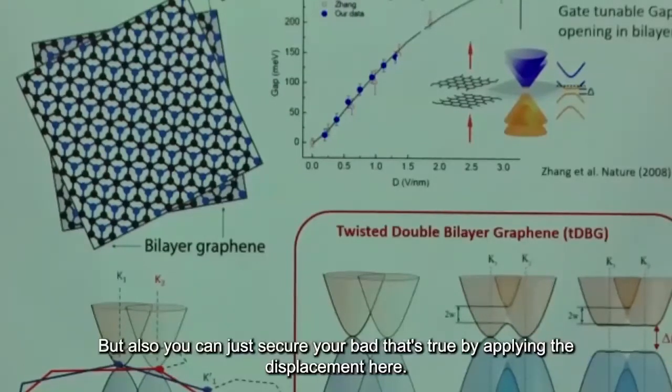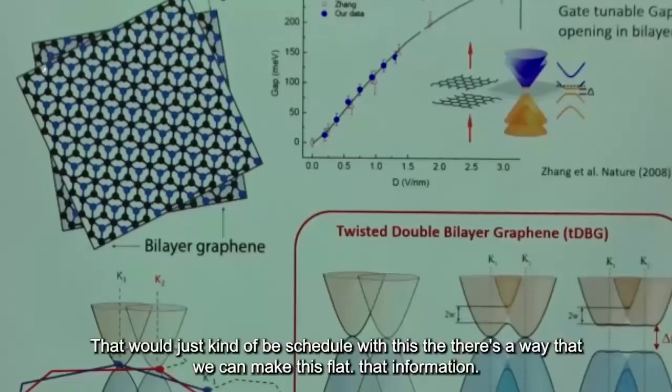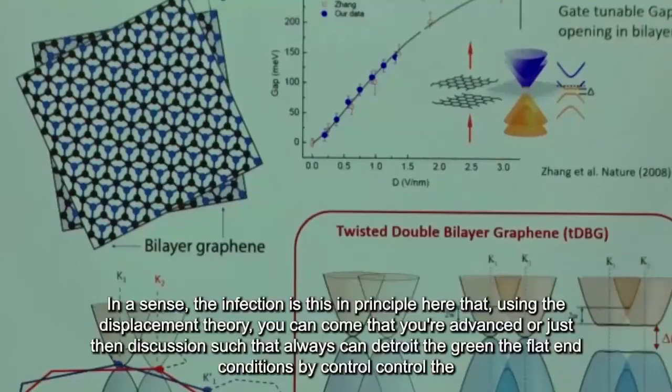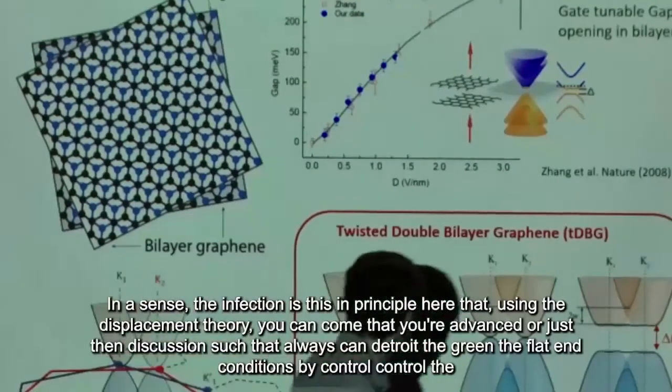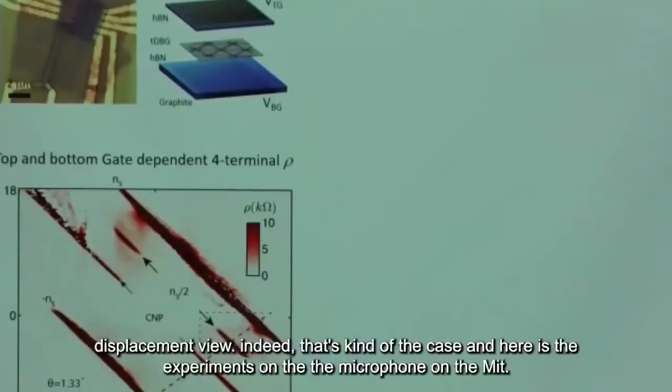Together with the coupling between the bilayer graphene, there is a way to make flat band formation different. Unlike twisted bilayer graphene, where the band structure is fixed, here, using the displacement field, you can control your band dispersion such that you always try to bring it near the flat band conditions.